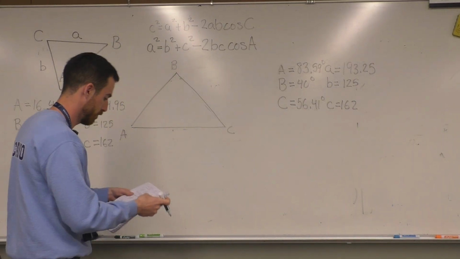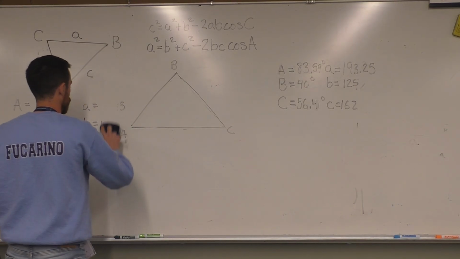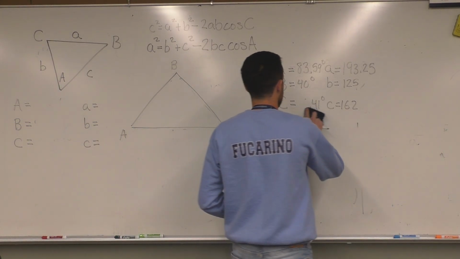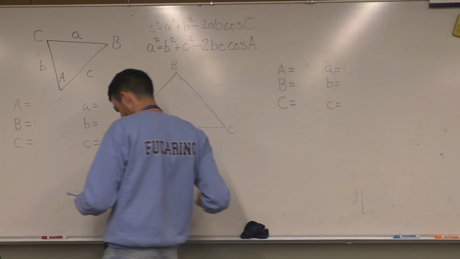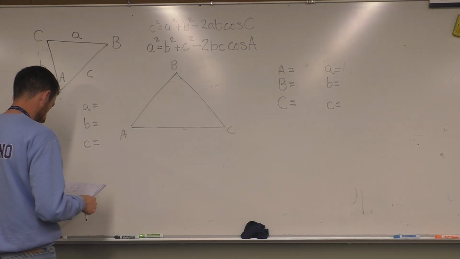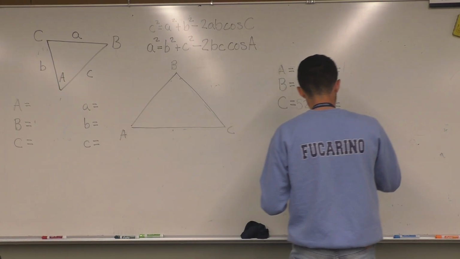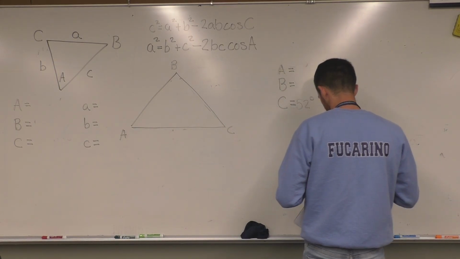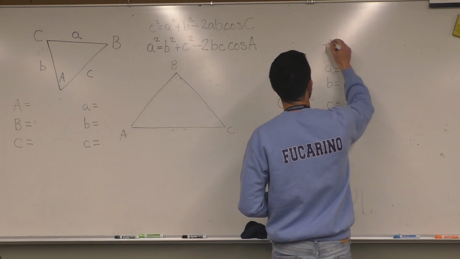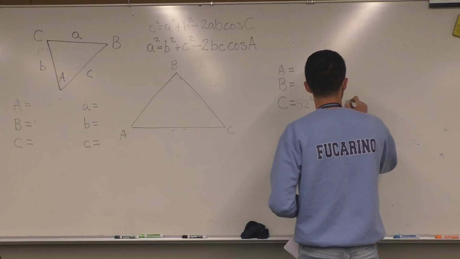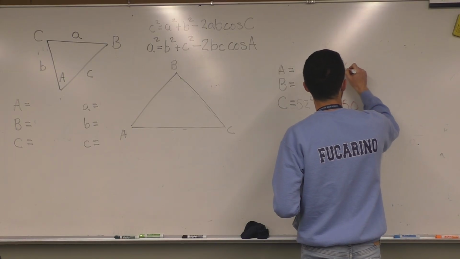For 16, we are given angle C is 52 degrees, side C is 50, side A is 65.